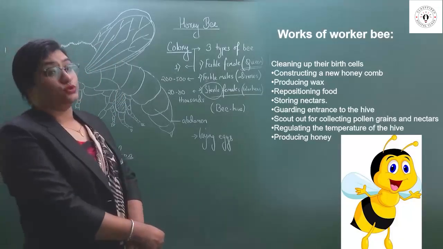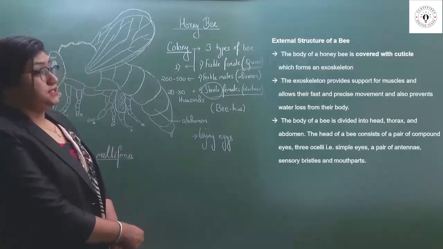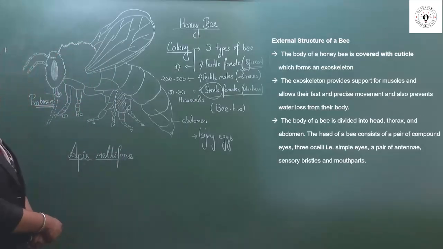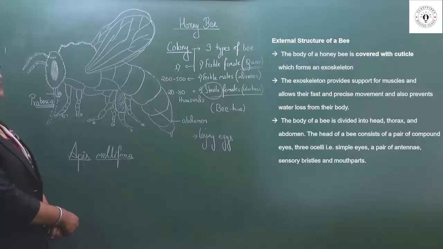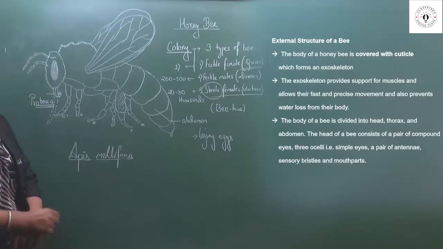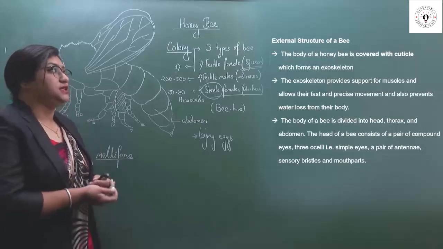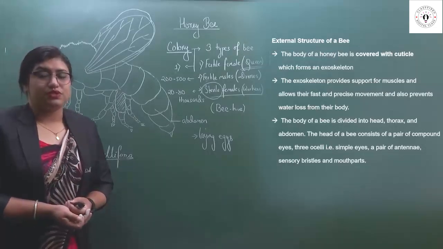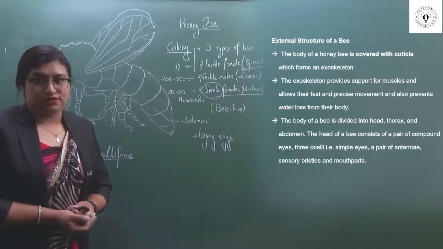So now let's go through the detailed structure. Let's come back to the drawing. Here is the external structure of the bee. The first thing is that the whole body of the honeybee is covered with a cuticle, which is later known as the exoskeleton.